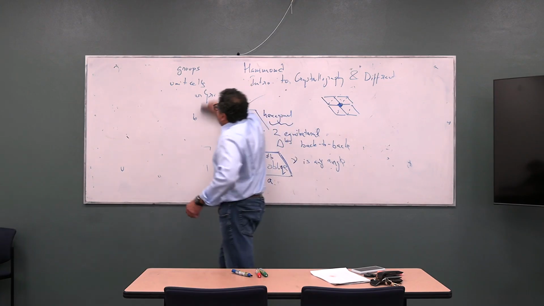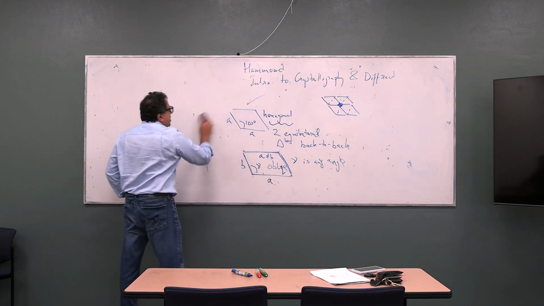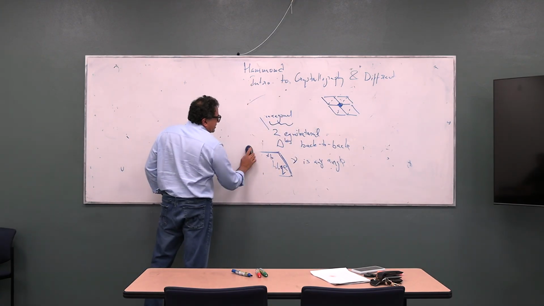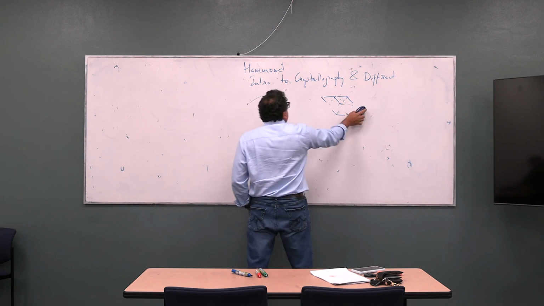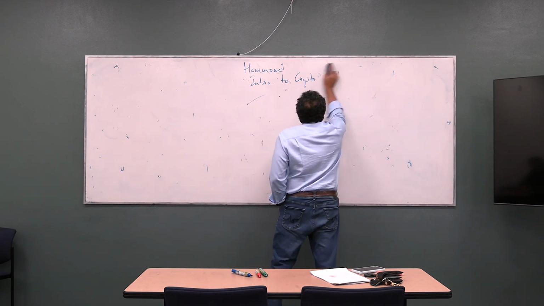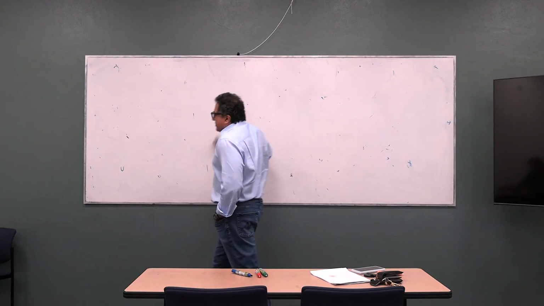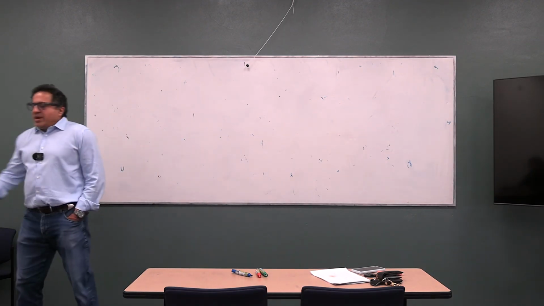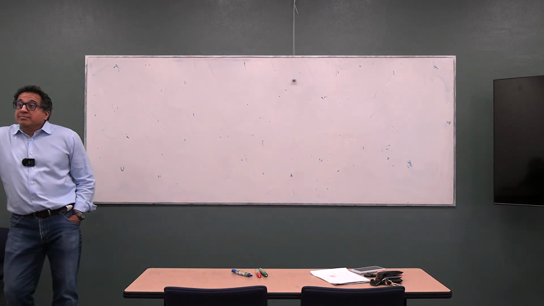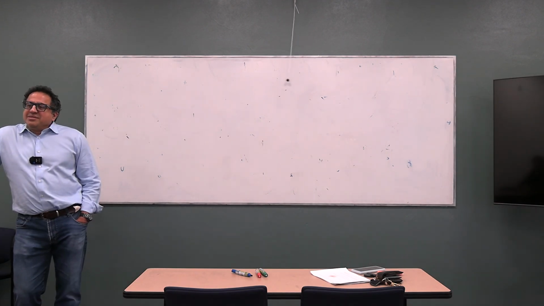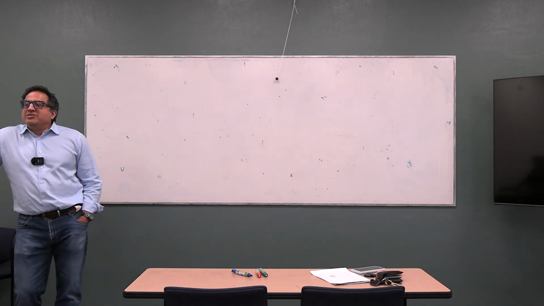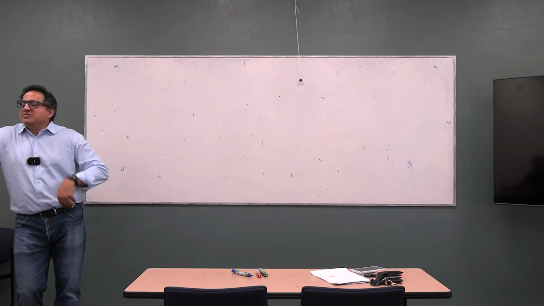Anything else in 3D that you don't see in 1 and 2D? Inversion, and is there a more general form of an inversion? It's called roto-inversion, rotations with inversions.